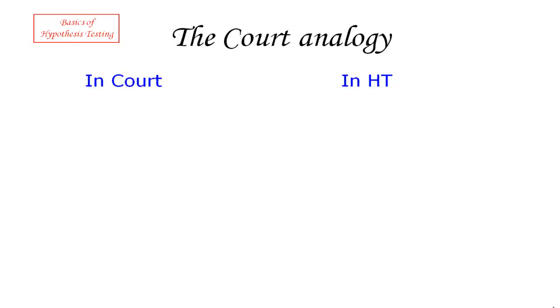In court, when someone is taken to trial, the court assumes, or the authorities assume, that the person who is brought to trial is innocent. Well, in hypothesis testing, we're going to start by assuming that there is an equality. Again, this may be a little bit fuzzy to you at the moment because we haven't seen too many examples, but it will become hopefully clearer later.